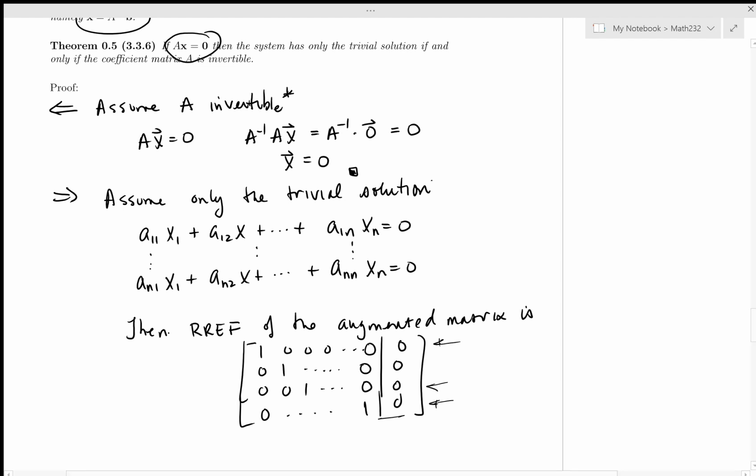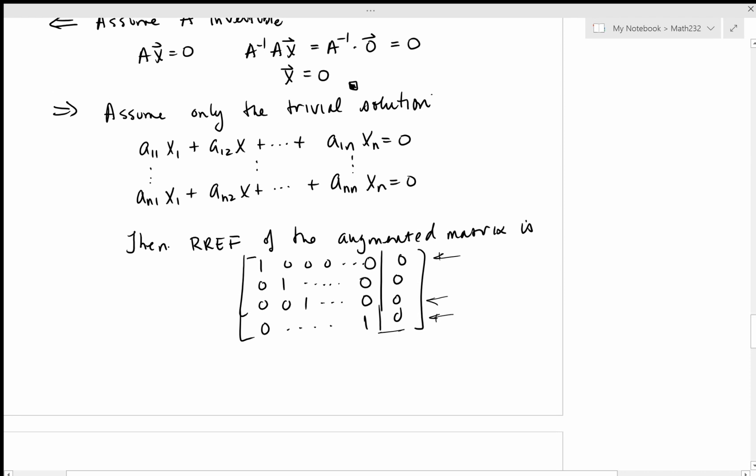Okay, we also know that there are elementary row operations in order to transform A into this thing. So we would take A. Here's A, a square matrix. There it is.